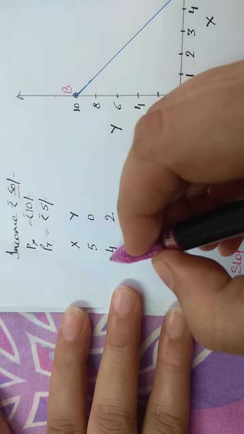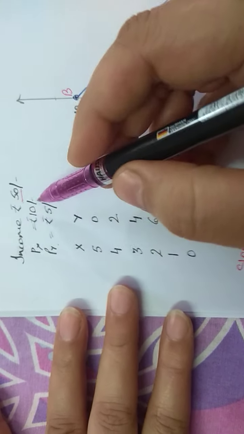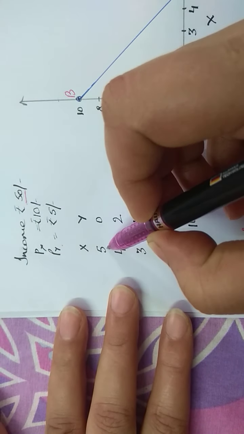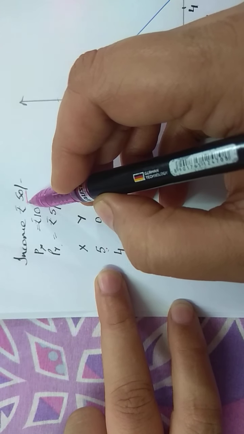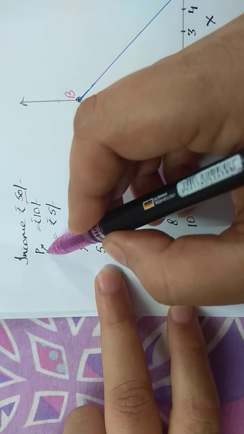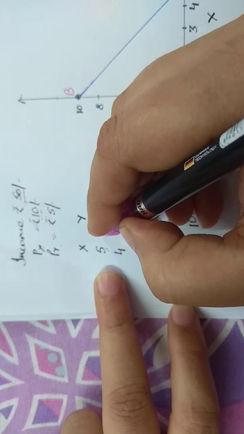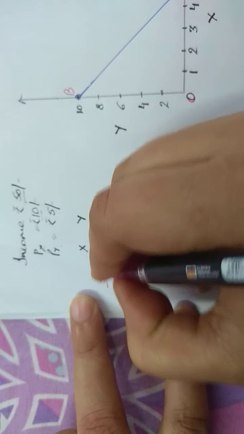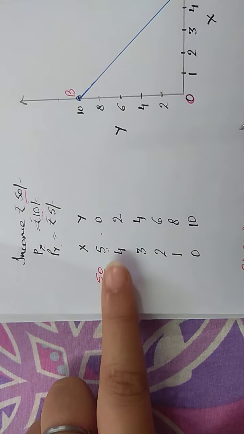One is he can spend the entire income on consumption of only one commodity X. If he's spending 50 rupees and the price of each unit is rupees 10, how many units can he get of X? It is 50 divided by 10. So we will get 5 units.